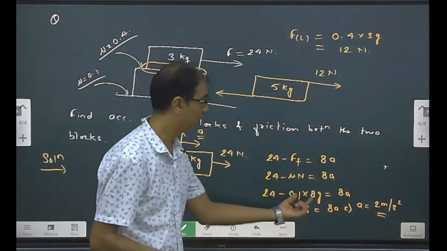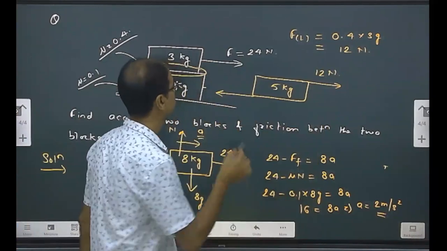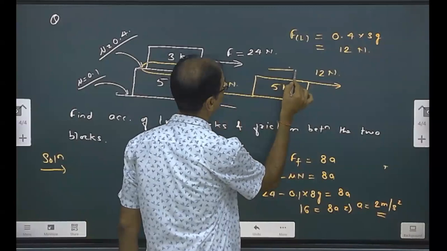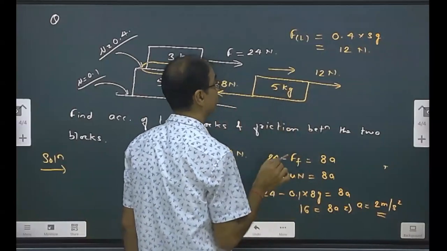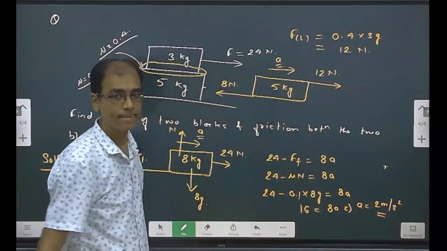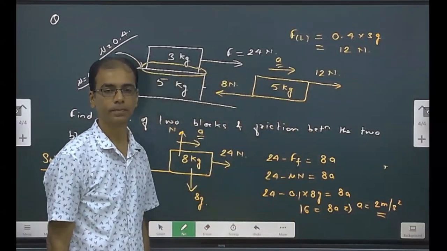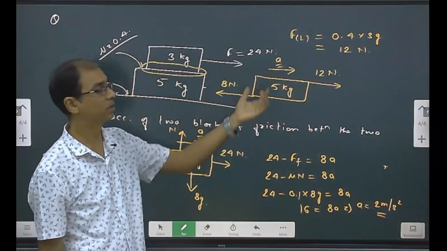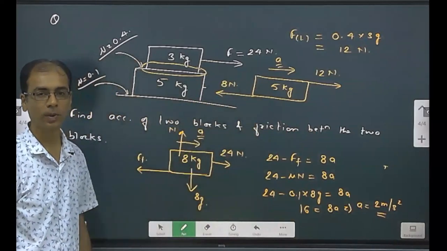It is 8. And its acceleration we have written as 2. Is it possible to make the 5 kg block move with 2 meters per second square?